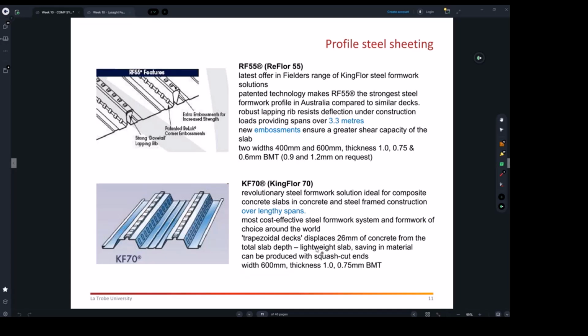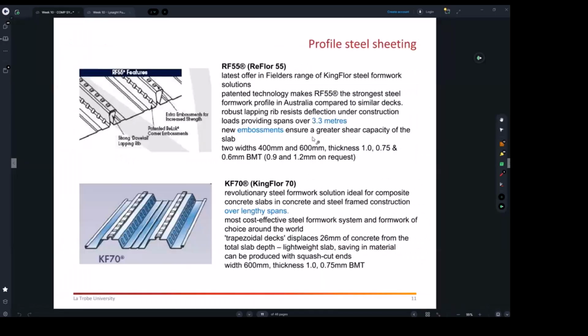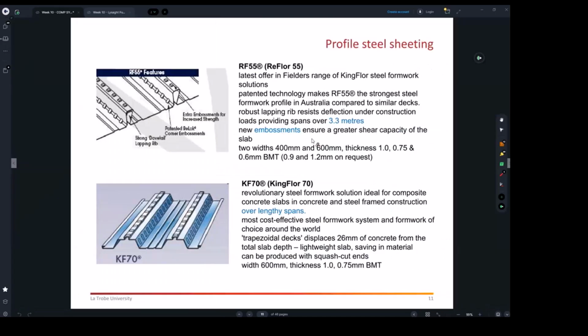So they're just talking about the main feature. Again, we won't ask you to memorize this kind of information in an exam. Basically, we want you to know what we mean by composite slab as a general definition, and what we mean by composite slab with beam in general definition.